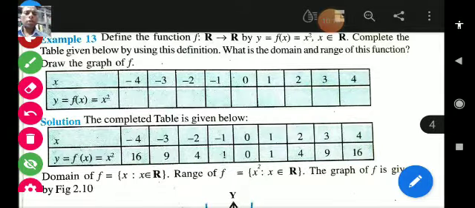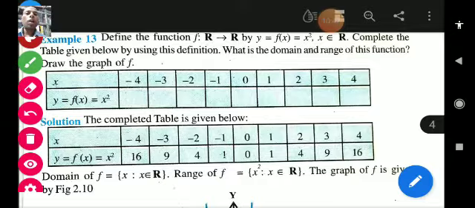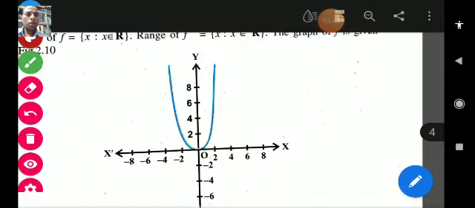So students, what we have seen is that the domain is actually the real numbers. Any number can be taken from the real number set, but the range will always be the square of that real number. Now you will see what the graph of this type of function looks like.